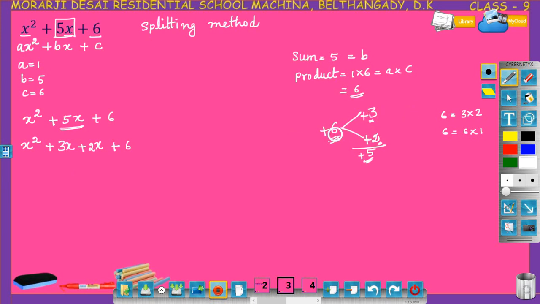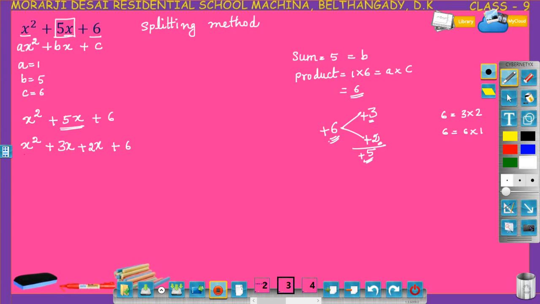Their product is 6, sum is 5. The numbers are 3 and 2. So 5x should be written as 3x plus 2x. Now x square plus 3x plus 2x plus 6 is the same as x square plus 5x plus 6. We have split the middle term 5x and written it as 3x and 2x.